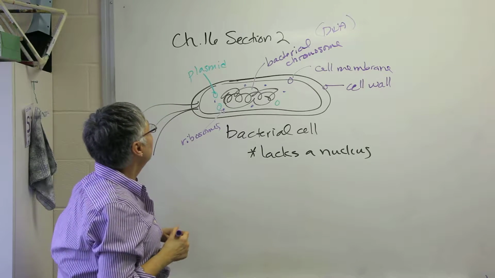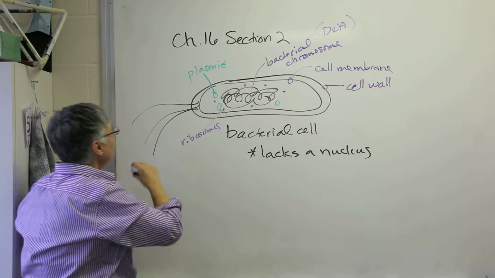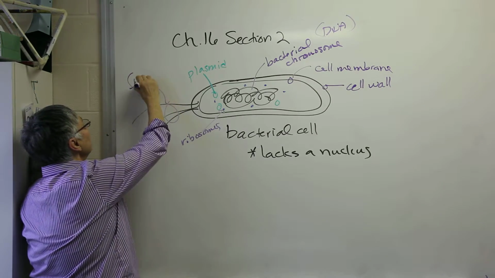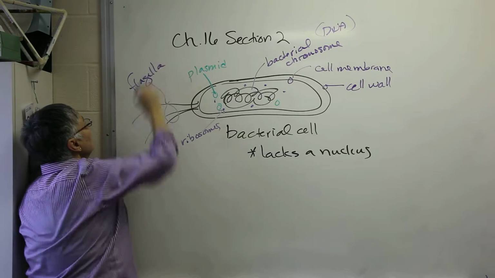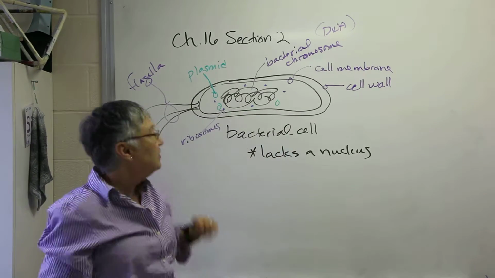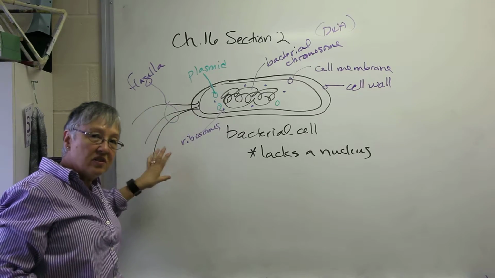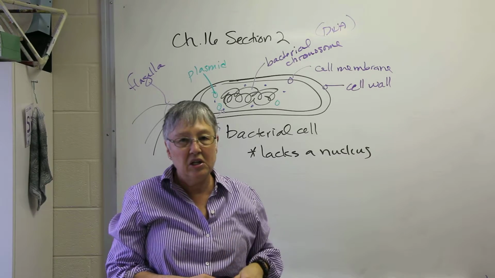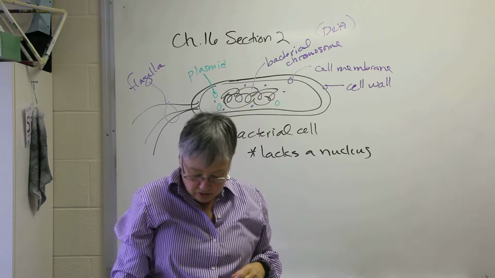and we also have, projecting exteriorly, flagella. Some bacteria have flagella. The structure of this type of flagella is not the same as what we see in eukaryotes. It's somewhat different.